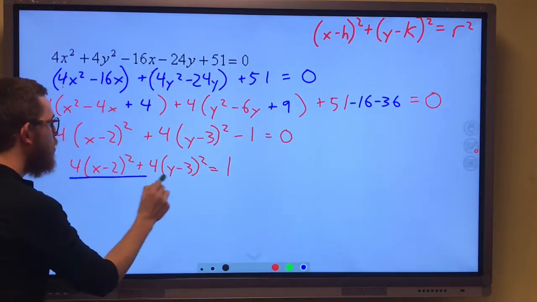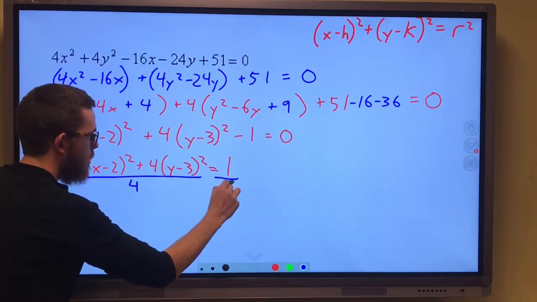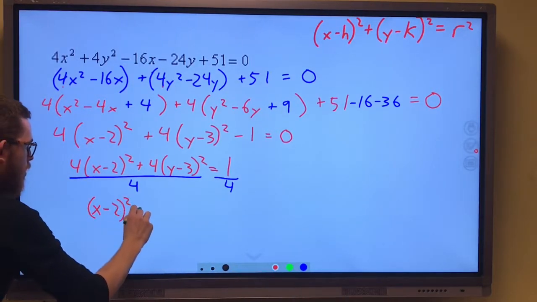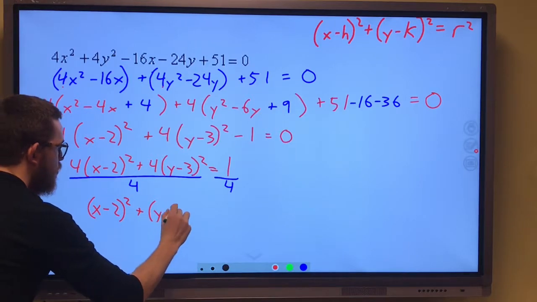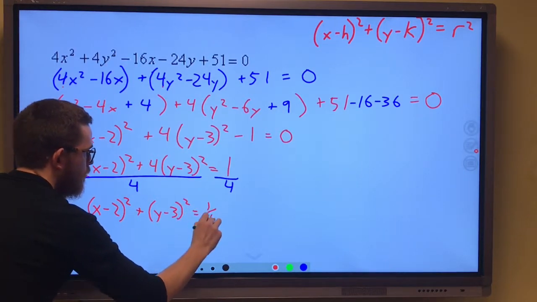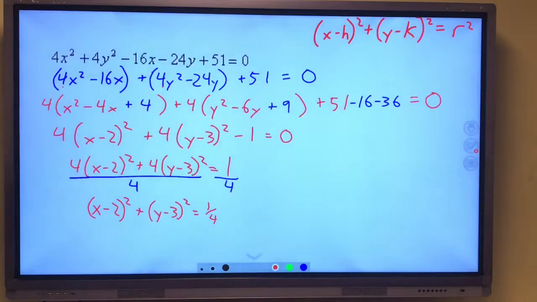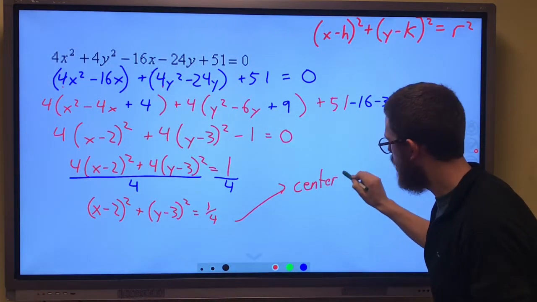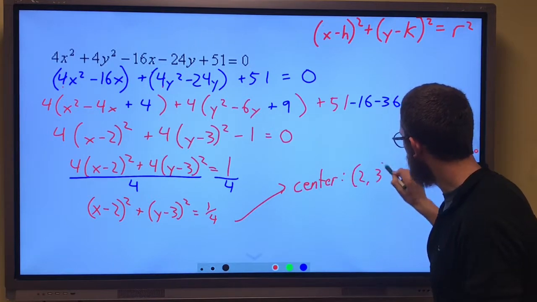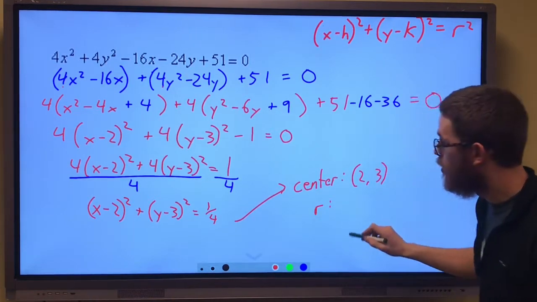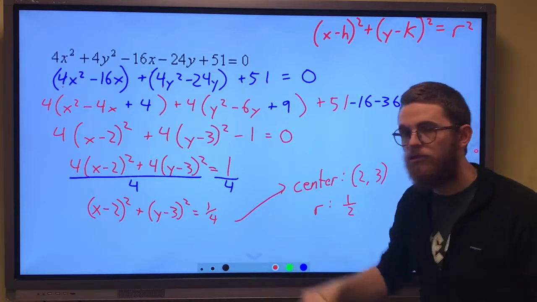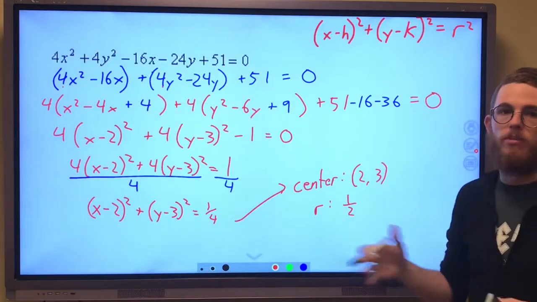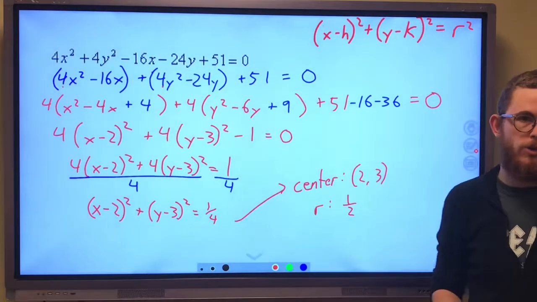I'm going to divide both sides by 4, which gives me x minus 2 squared plus y minus 3 squared equals a fourth. The center is 2, 3. The radius would be a half, because a half squared gives us a fourth. That's how we can use completing the square to find the equation of our circle.